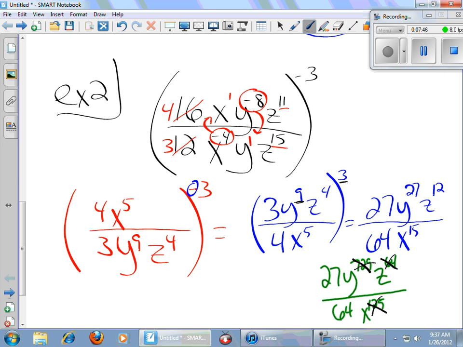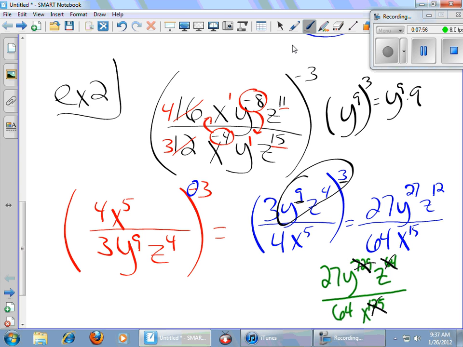You need to think about this part right here. Y to the 9th to the 3rd. It means y to the 9th times y to the 9th times another y to the 9th. How many y's are being multiplied? 27. Okay, that's why this is the right answer. So if you're getting these really, really large numbers, go back and see if you're doing the problem correct.